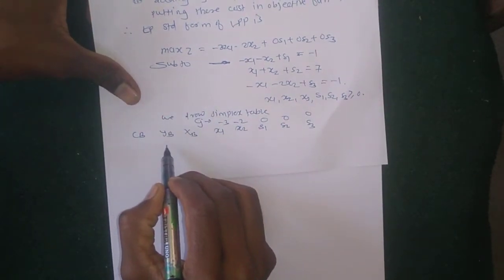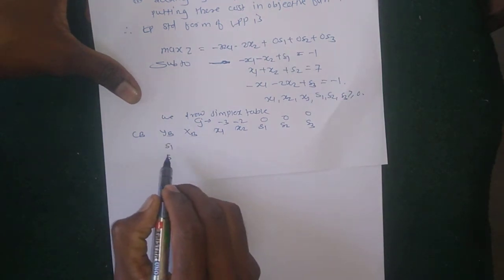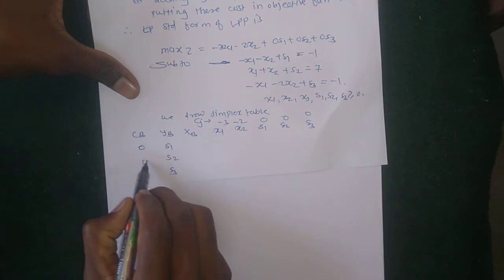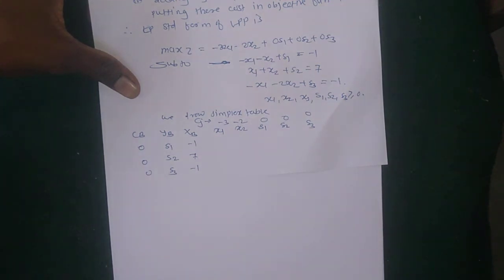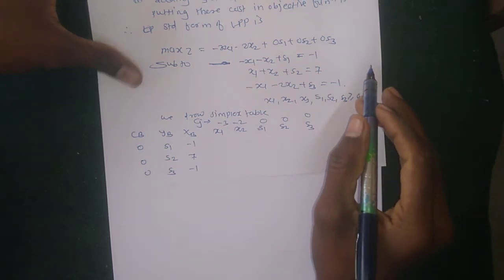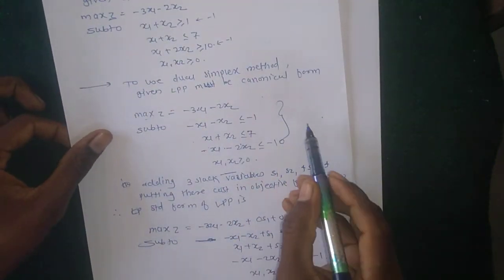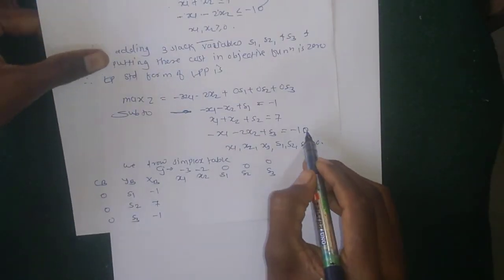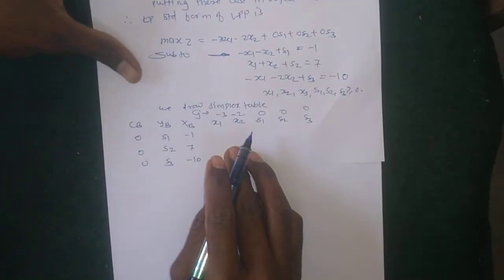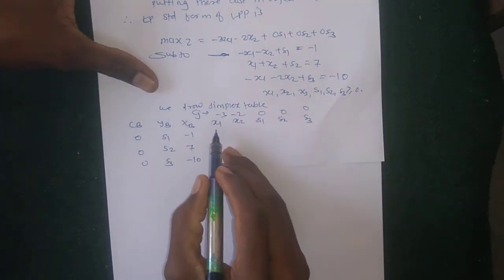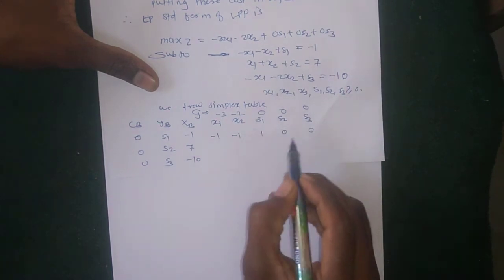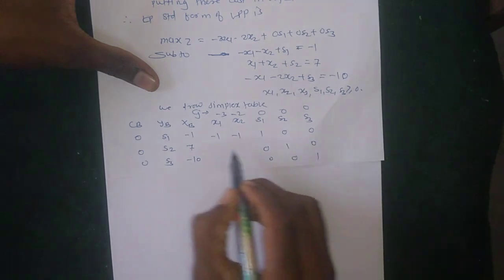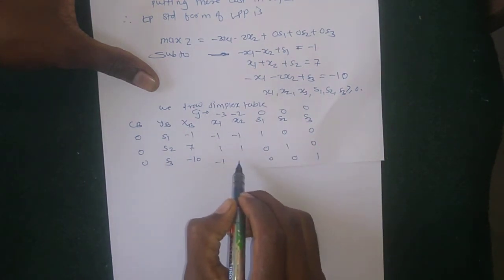Then in the basic variable column, first write all slack variables s1, s2, s3 with cost 0 0 0, then their values are minus 1, 7 and minus 10. Sorry, not minus 1 for the third, here it is minus 10. Here put the coefficients minus 1 minus 1 1 0 0, then 1 1 0 1 0, and minus 1 minus 2 0 0 1.